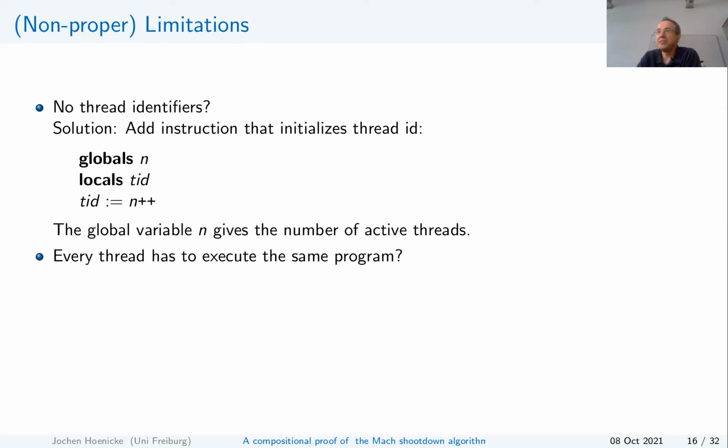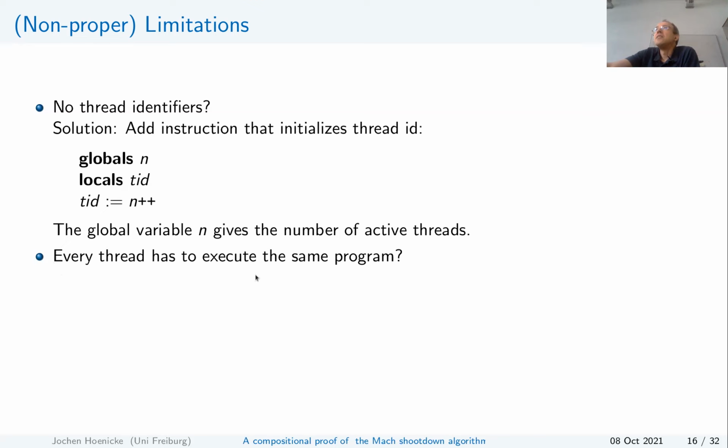The global variable n will also tell us how many threads are currently active, so n can even grow at runtime. But if you don't want that, you can also use some global variables that indicate that from now on no new thread should start, and then you can make sure that n is the number of threads in your program and doesn't change after you started your program.